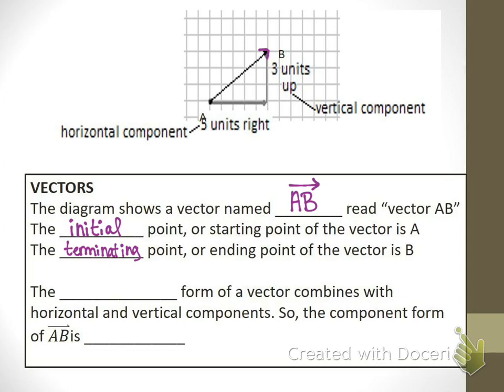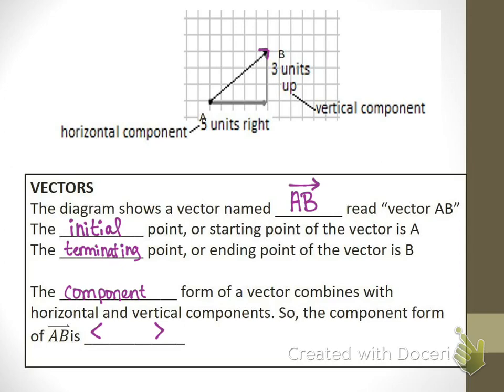Okay, the component form of a vector combines horizontal and vertical components. So, the component form of vector AB, sometimes you'll see it written with these. It almost looks like an inequality symbol or an arrow.